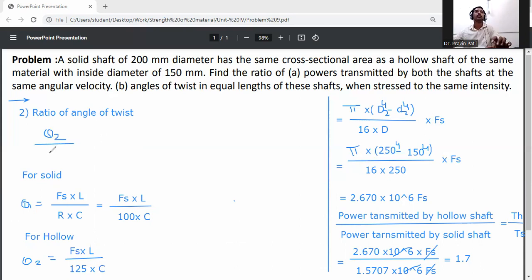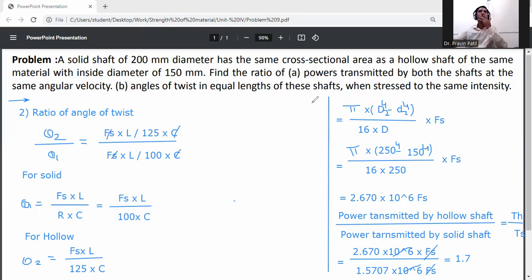Theta 2 is Fs into L divided by 125 into C, divided by theta 1, which is Fs into L divided by, sorry, for solid it is 100 into C. The material is the same, so C will get cancelled, and Fs will get cancelled.